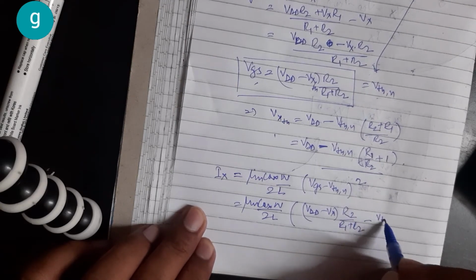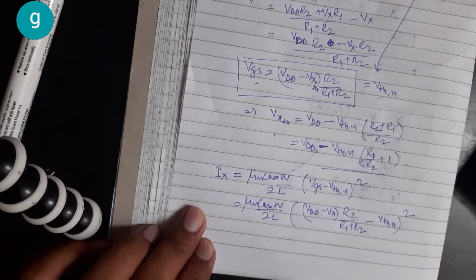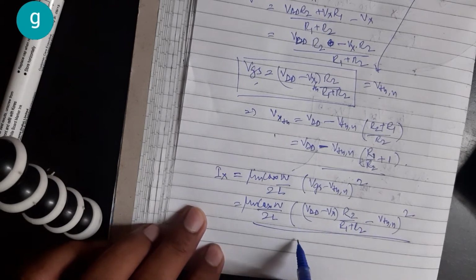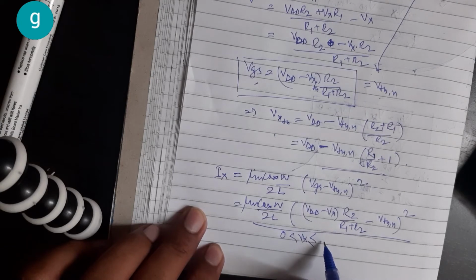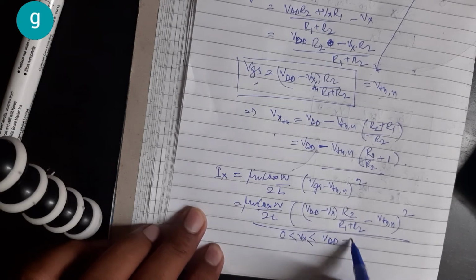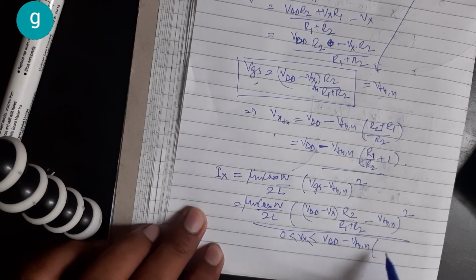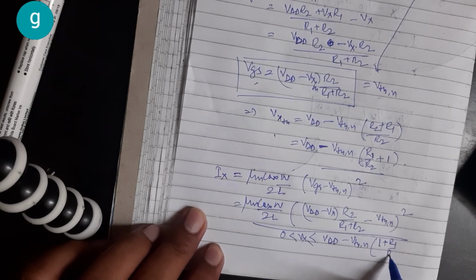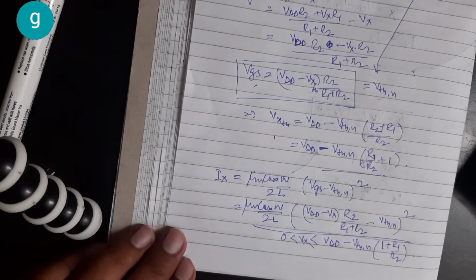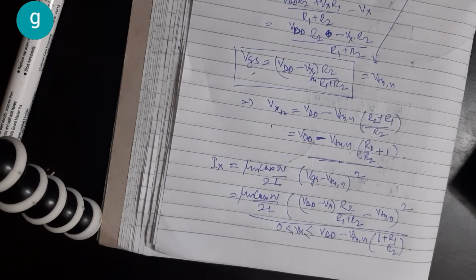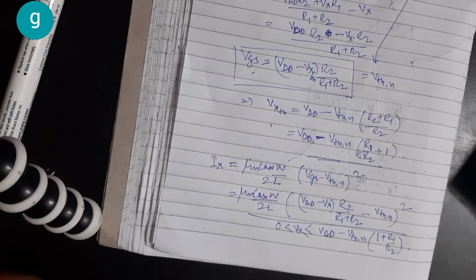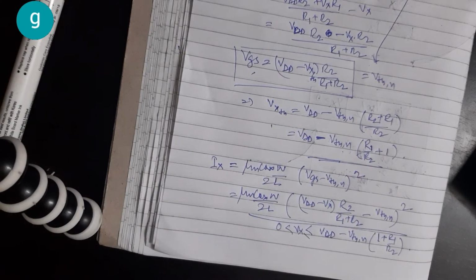That is, R2 by R1 plus R2 times VDD minus Vx, minus VTH square. This is between 0 and VDD minus VTH n times 1 plus R1 by R2. So this is how the current and the threshold voltages look like in general for general values of R1 and R2.